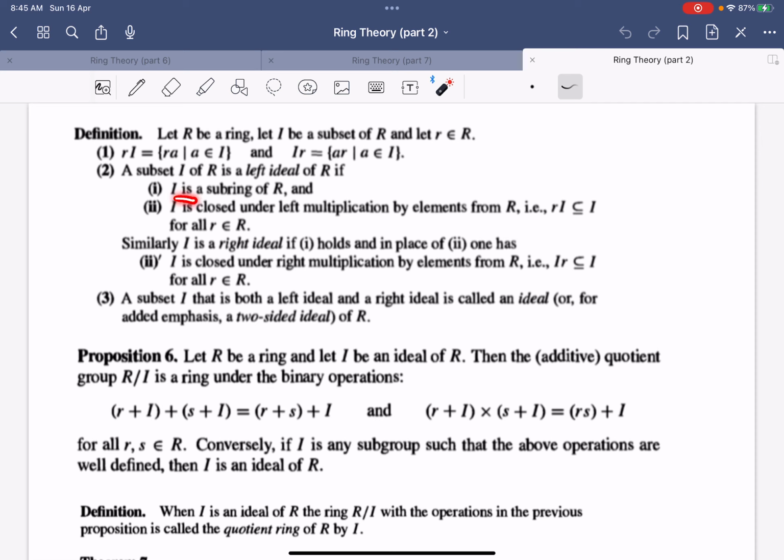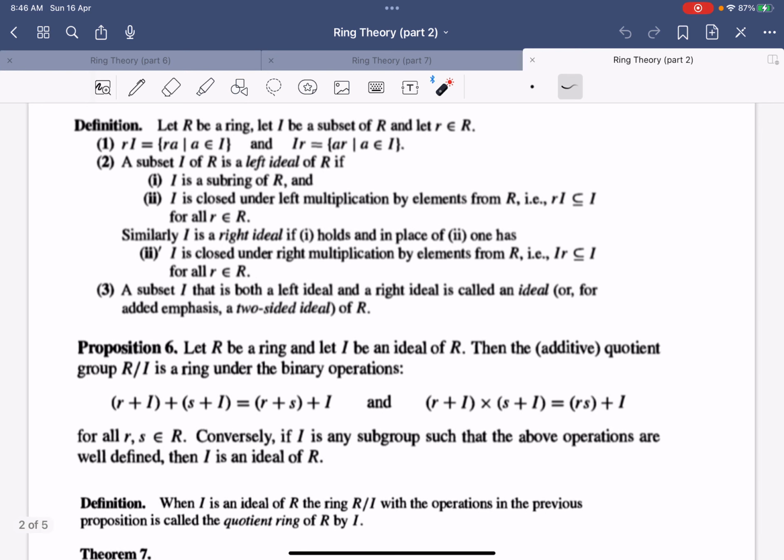So I must be a subring of R, and this I is closed under left multiplication by elements from R. So what it means is little r times capital I is a subset of big I. And a right ideal is similar, but now it's closed under right multiplication. And the subset capital I will be known as an ideal if it's a two-sided ideal, meaning it's both a left ideal and a right ideal.